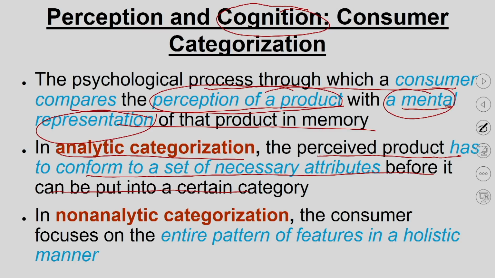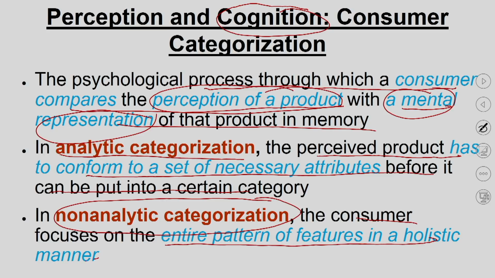There is another type of categorization that the consumer does, and that is called non-analytical categorization. In non-analytical categorization, the consumer focuses on the entire pattern of features in a holistic manner.